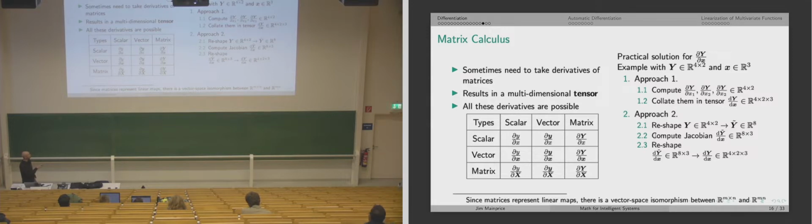You can then compute the Jacobian, which will be a matrix, and then reshape it such that it has the proper tensor shape. So it is often desirable to use the second approach when applying the chain rule.